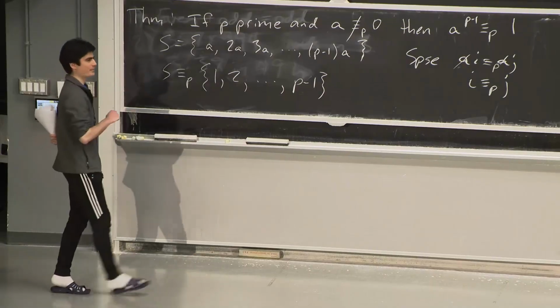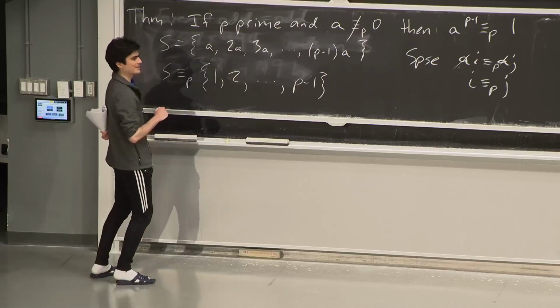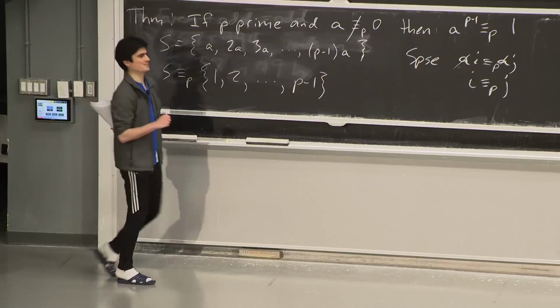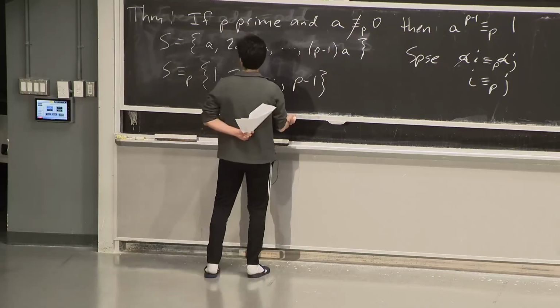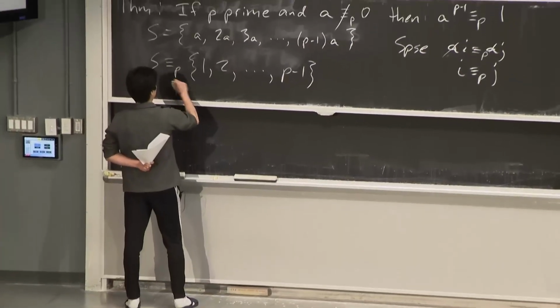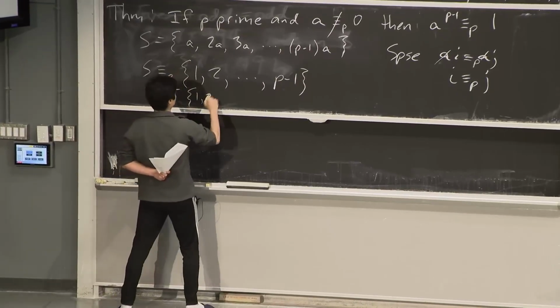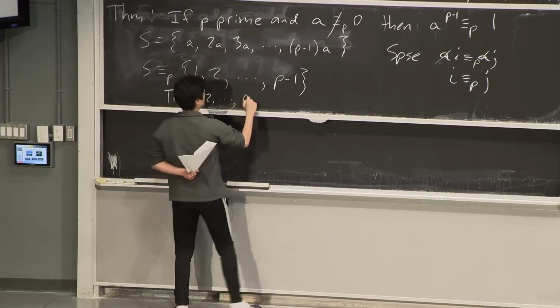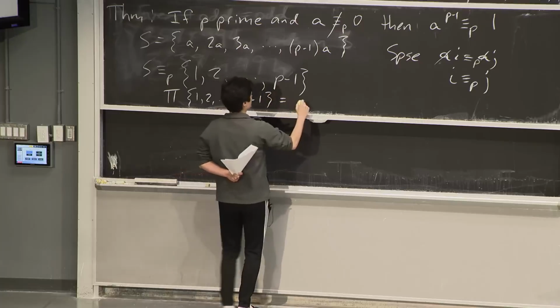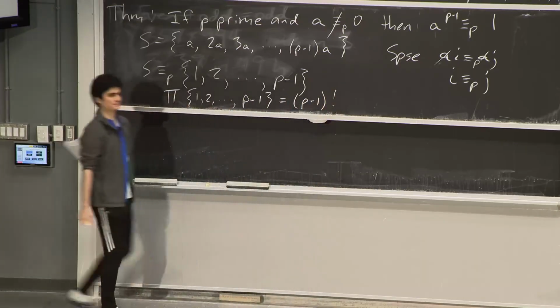Yes, p minus 1 factorial. So if we take the product of both sides, the product of this one is going to be equal to p minus 1 factorial. Okay?